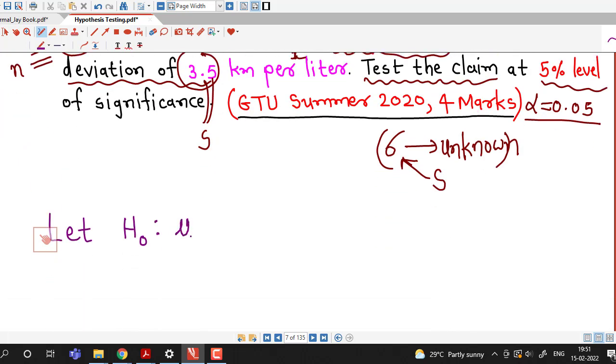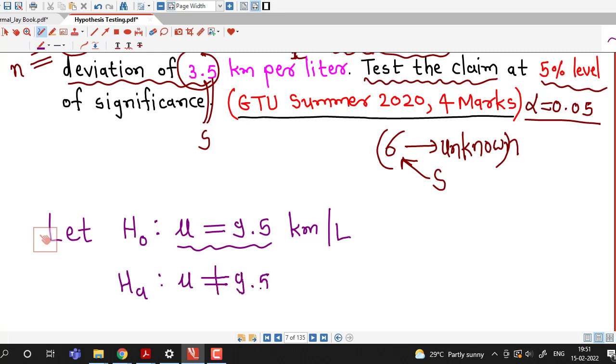Value of population mean mu is 9.5 km per liter, and therefore alternative hypothesis is a contradictory statement to this statement, and it is that mu is different from 9.5 km per liter.